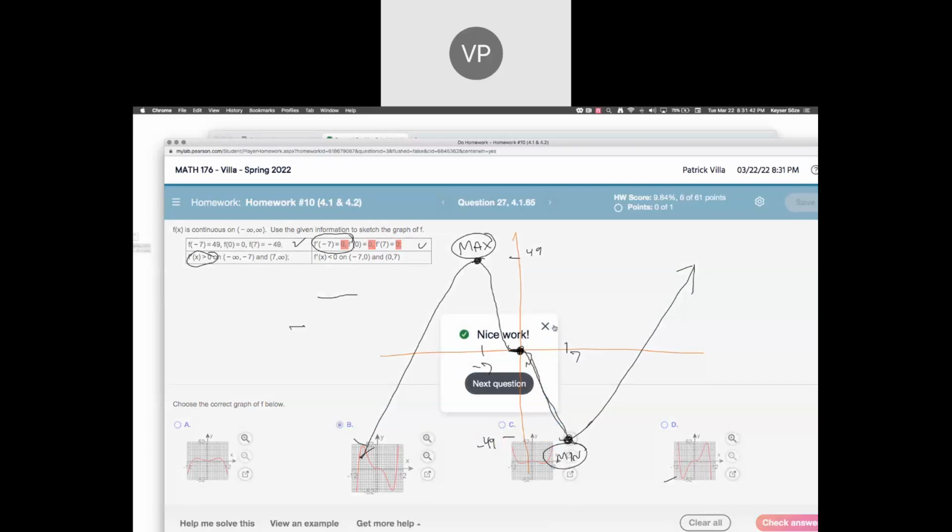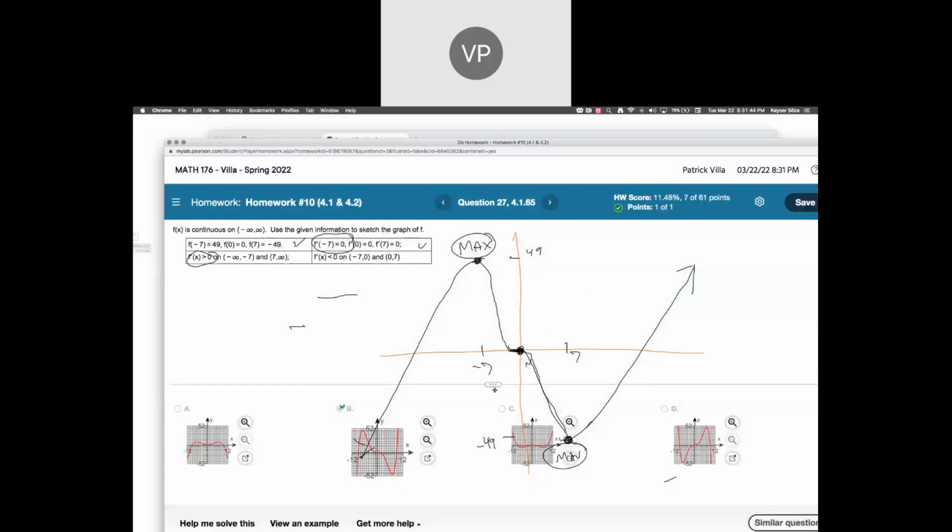That's all they wanted. So did you have to do all this graph? No, you could have eliminated some other ones, but I like to just go with a fresh sheet of paper and just start graphing or plotting or indicating every little bit they tell us. And it's kind of like a puzzle. You have to understand what this means. When they tell you f of negative 7 is 49, they're giving you a coordinate.